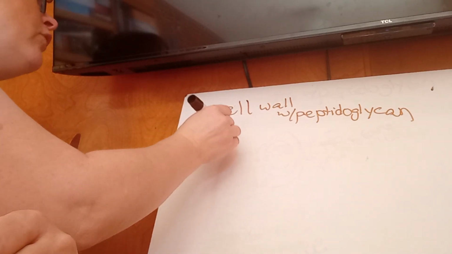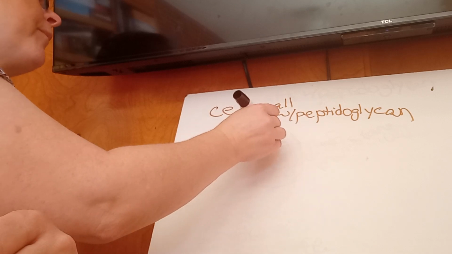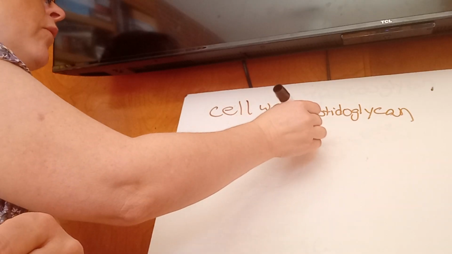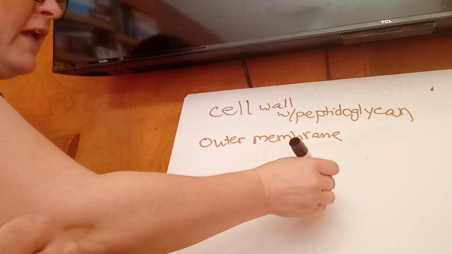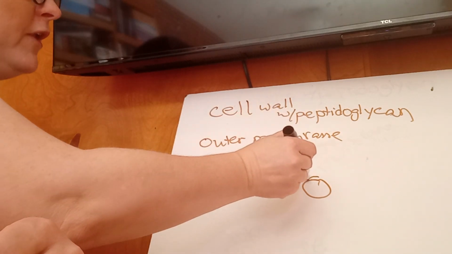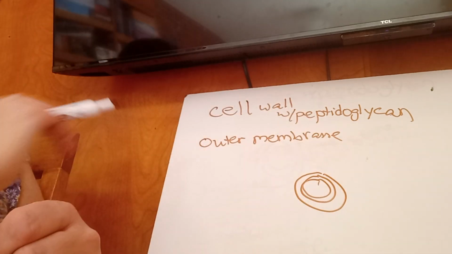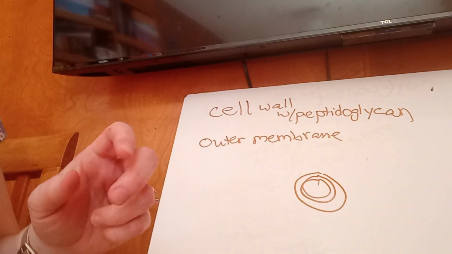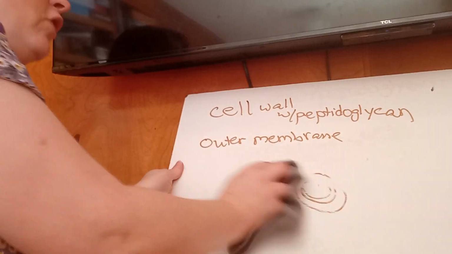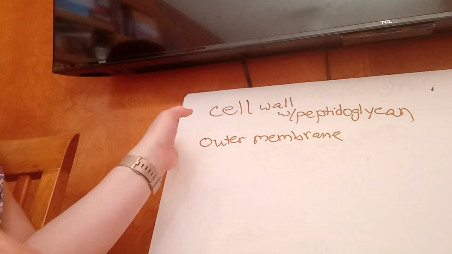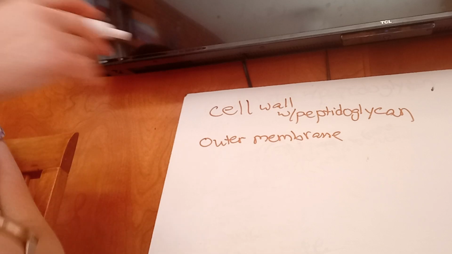It also has an outer cell membrane. So remember, a cell has a cell membrane, and then a cell wall would be outside that. This has another membrane outside of that. The outer membrane is so that it can anchor to a surface.